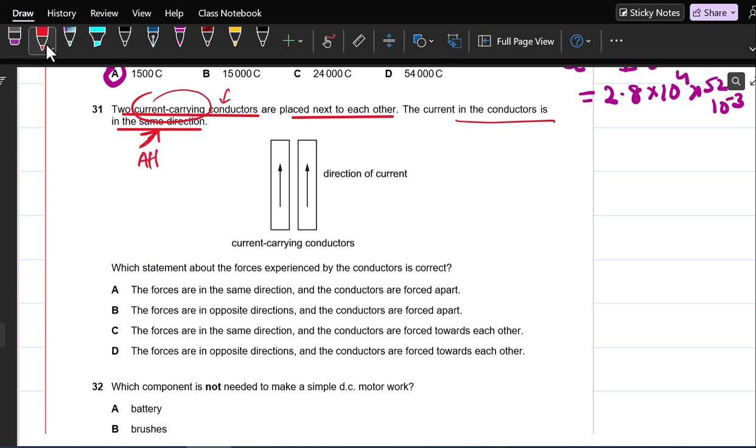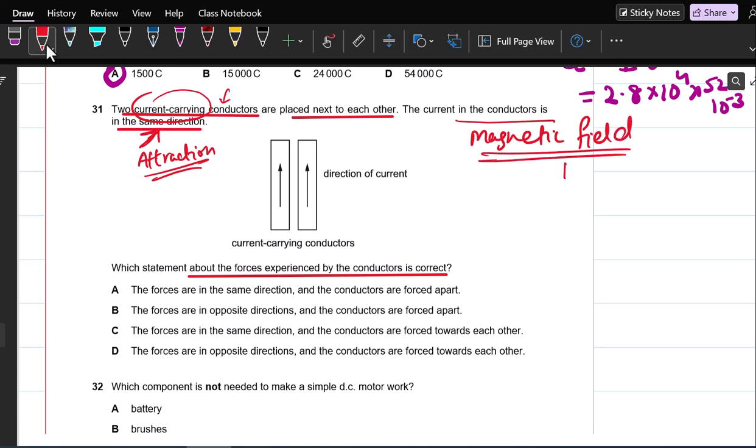Attraction is going to occur. Which statement about forces experienced by the conductors is correct? Okay, forces. Which forces? Magnetic force. Magnetic field, first of all, you have to identify. Then you can tell what happens to magnetic force.